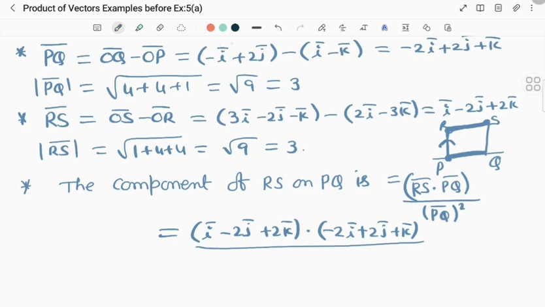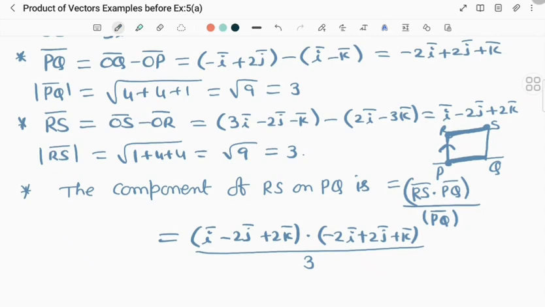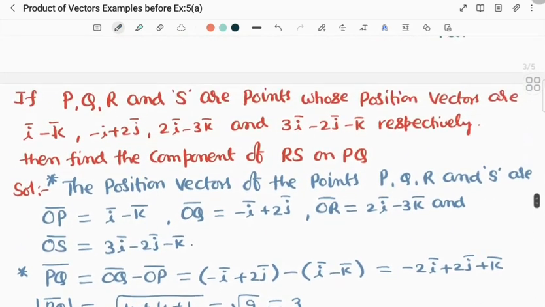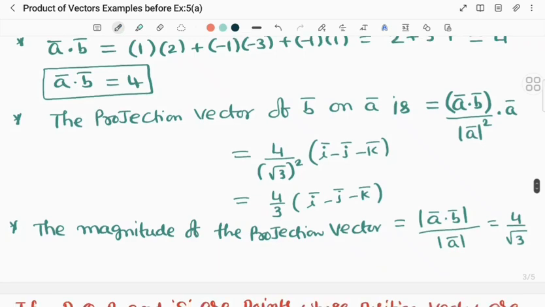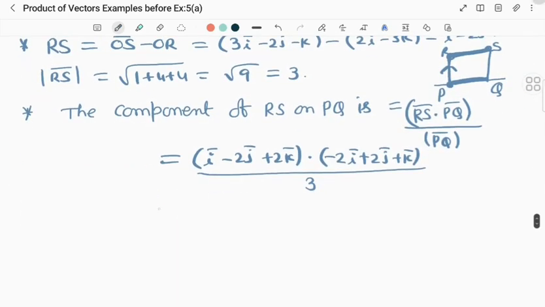Only PQ it is, magnitude of only PQ, not PQ square. PQ value is, we got it as 3 only, no? Indirectly they are asking the magnitude of the projection vector, like the previous problem. So 1 into minus 2, minus 2 into 2, minus 4, plus 2. So these two will be cancelled by 3, which is equal to minus 4 by 3.